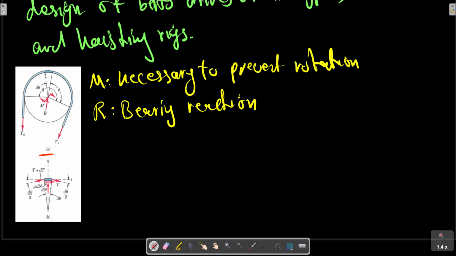The free body diagram of an element of the belt of length R d theta is shown in part B.